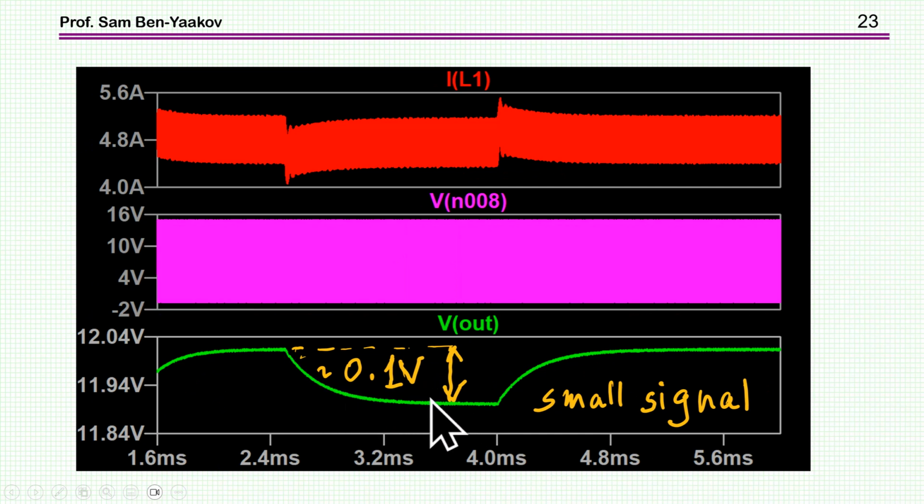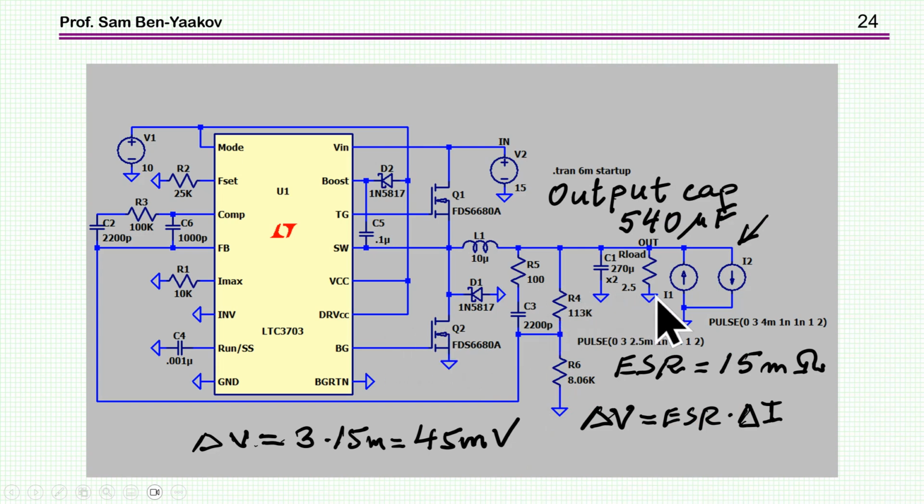Again, you see that the response is very slow. It's the same order of magnitude I've seen before. So you see that for a step in the reference, the response is not really described by the second order behavior. Now I'm doing a load step, and this is by having two current sources of 3 amps.